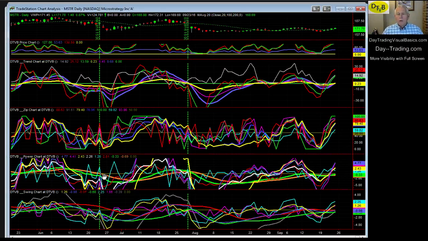If you've got power green and orange going up, power green and orange under zero are weak compared with power green and orange above zero. They tend to drive the price higher when they're above zero. So anyway, you will find that in the documents where I've laid that out, in, I believe, the rules section.